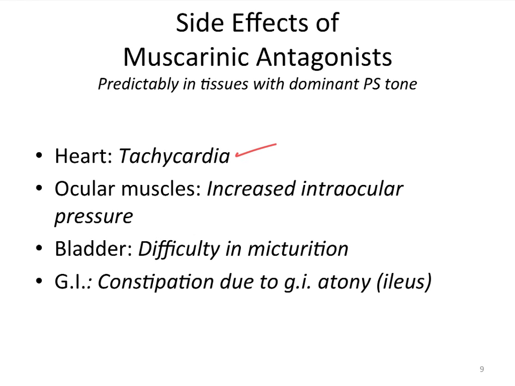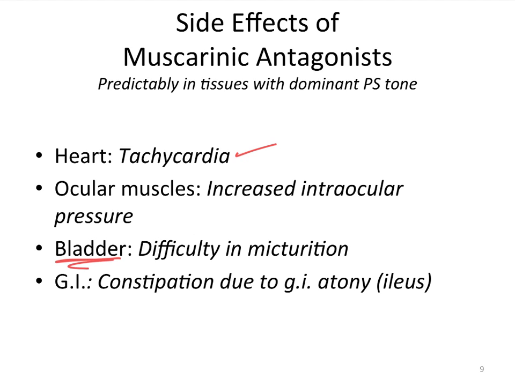In the case of the control of the iris dilation, you may find as a side effect that you've increased intraocular pressure because those two things are related to the drainage of the anterior chamber fluid.